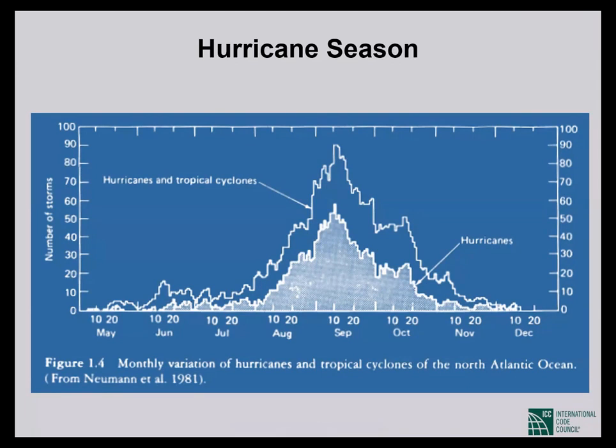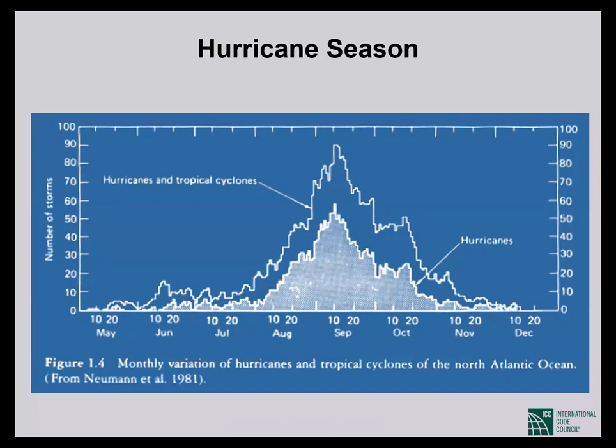There is also a hurricane season on the west side of the Atlantic, going to the Pacific. The hurricane season, as you see, is basically from August until October, November.